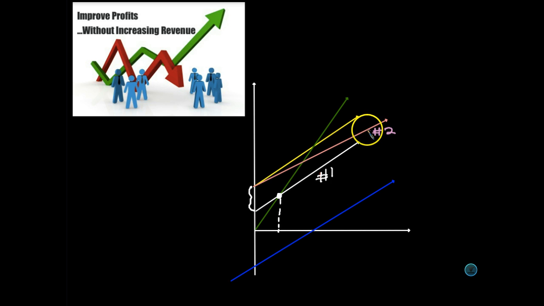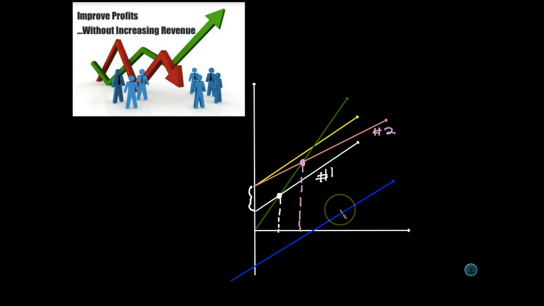With the economy and all the changes and the job layoffs, a lot of companies had to learn how to become more efficient and so learned how to decrease the cost per unit. Notice what happens to our break even here. It has also shifted to the left. So either one of these ways will help us to improve our profits without increasing our revenue.